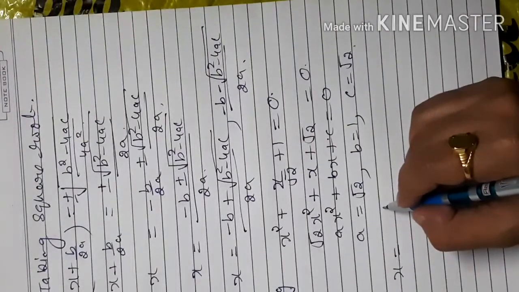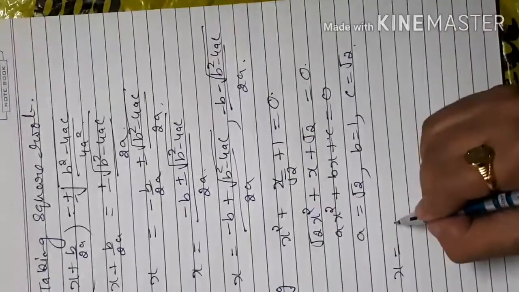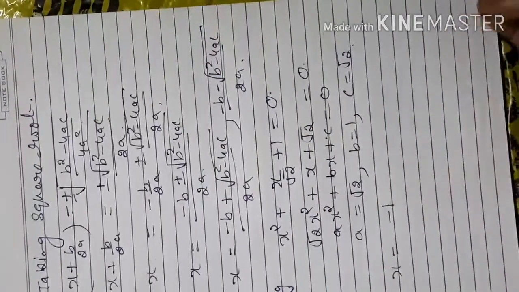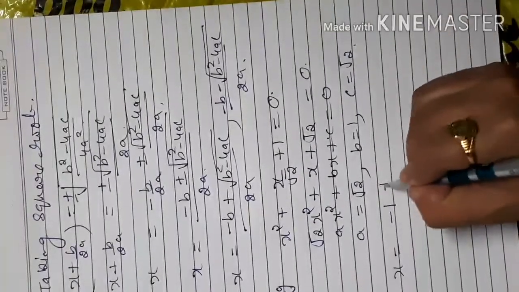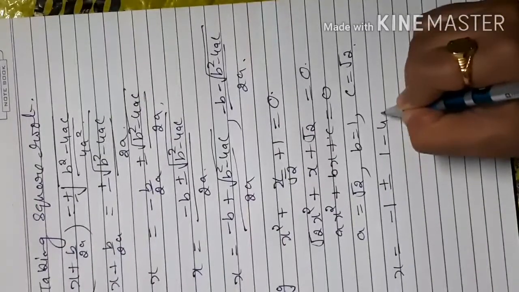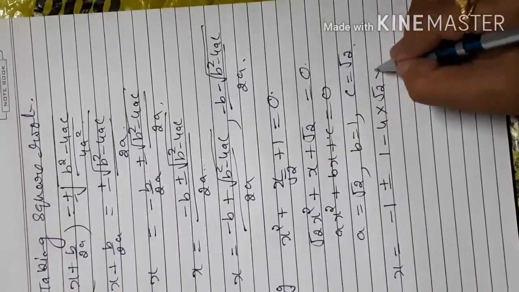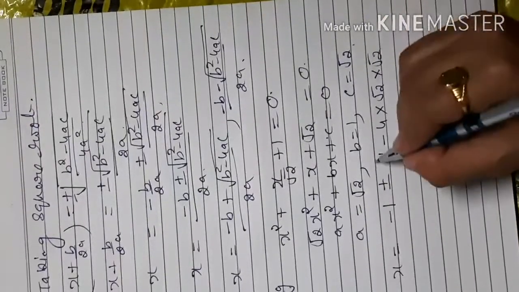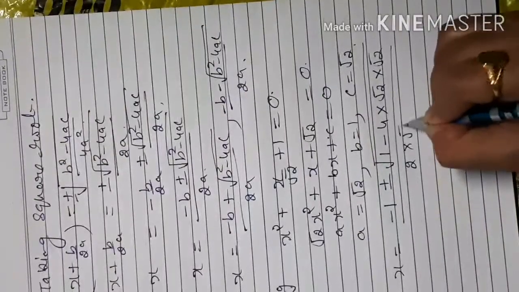So this will be minus b plus minus the square root of b square minus 4ac. The b value is 1. So it will be minus 1 plus minus the square root of 1 square, which is 1, minus 4 into root 2 into root 2, all by 2 into root 2.